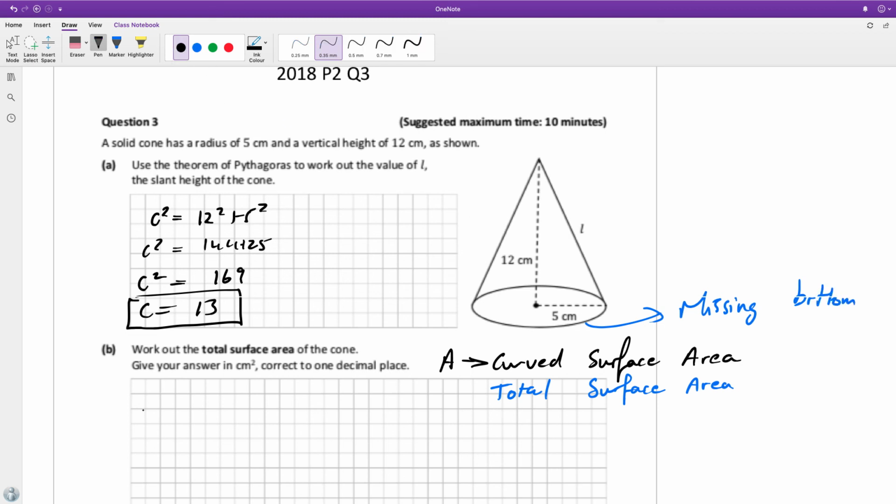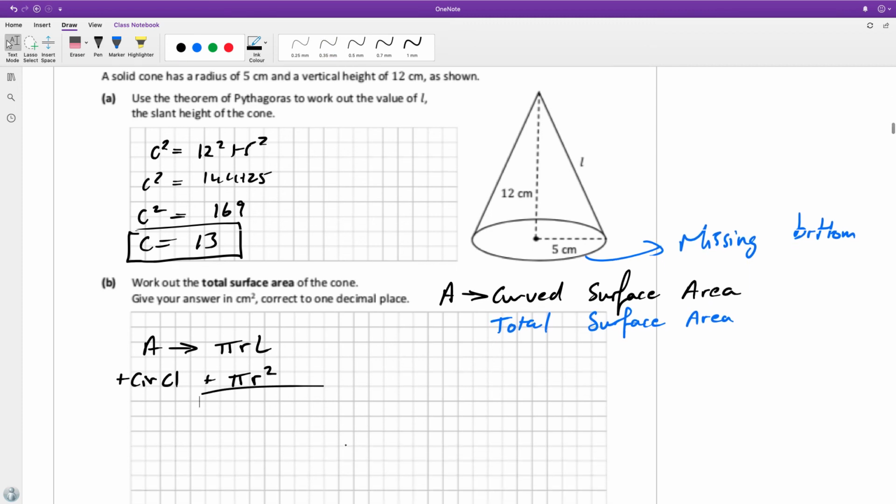So our curved surface area is pi RL plus what's our circle? Right. So, what is pi RL? Good stuff.